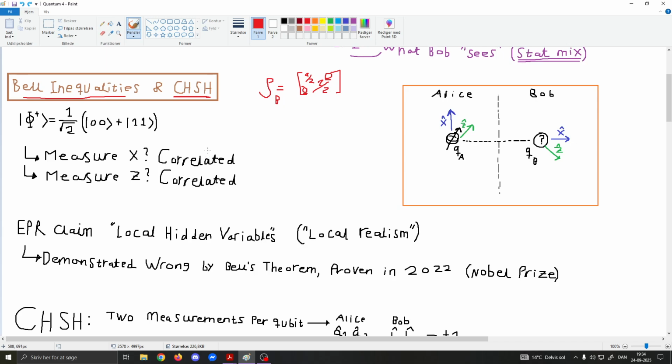Now, if we took this state and did a thought experiment, which is what if both Alice and Bob measure X? Well, they should be one-to-one correlated. So we can see that if Alice measures 0, Bob should also measure 0. Likewise, if Alice measures 1, Bob should also measure 1. Same goes for if they measure Z instead.